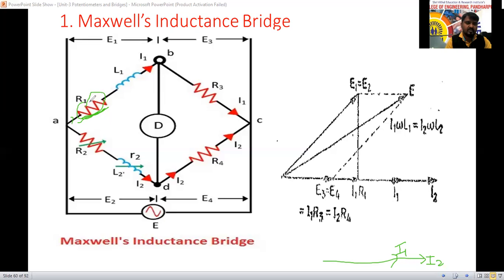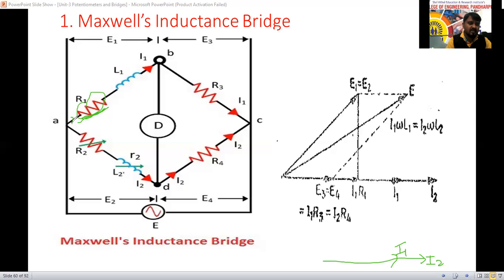The product of current and resistance indicates what? Voltage only. For the pure resistive, it is a resistance only. So for the pure resistive, does the voltage lead the current or lag the current? Both are in phase here.